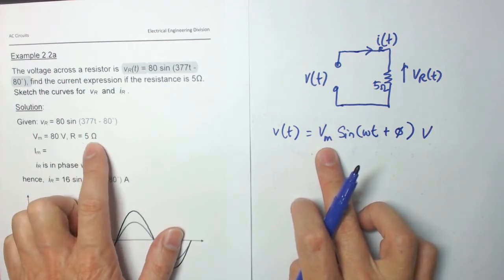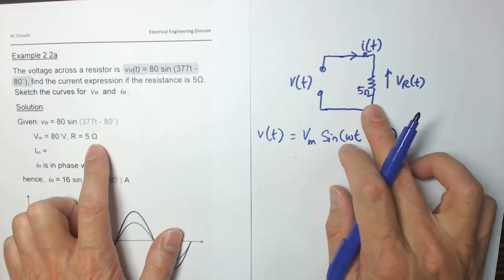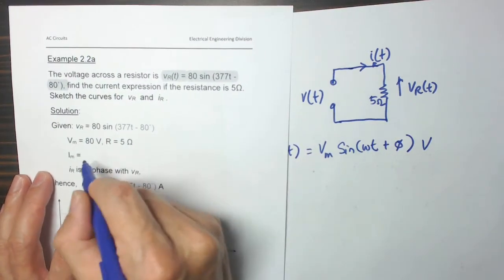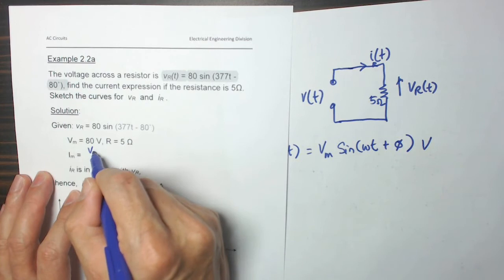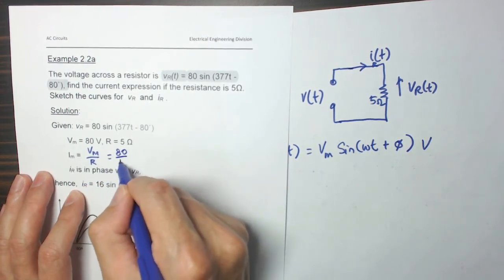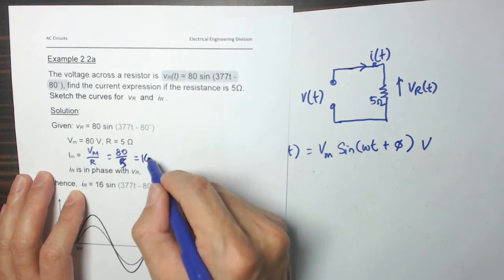Okay, and since I know the resistance of the resistor given is 5 ohm, using Ohm's law, I can calculate Vm over R, which is 80 over 5 amps, that gives me 16 amps.